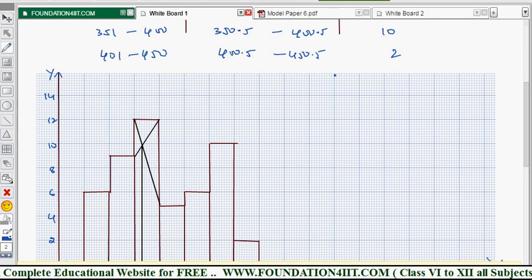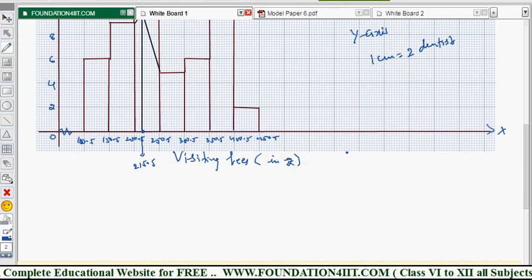You should write the scale also: x-axis 1 centimeter is 50 rupees, and y-axis 1 centimeter is 2 dentists. You have taken both. Where they join, that is the mode.